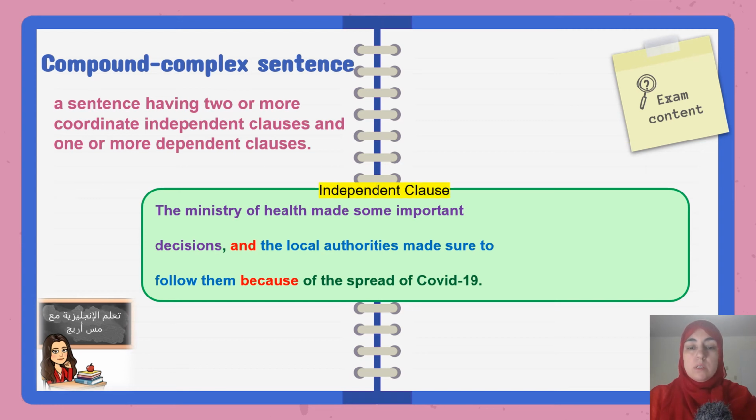So the first part is an independent clause. It can stand alone, as you can see. Then we have an independent clause, another one. The local authorities made sure to follow them. And we used here a coordinate conjunction, and the last one is because of the spread of COVID-19. This is a dependent clause.